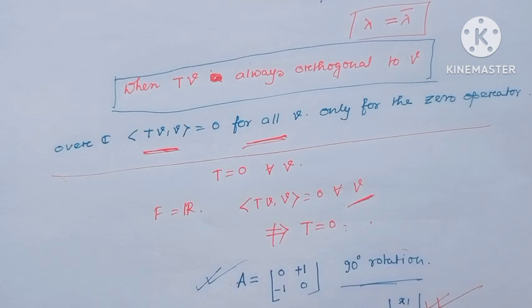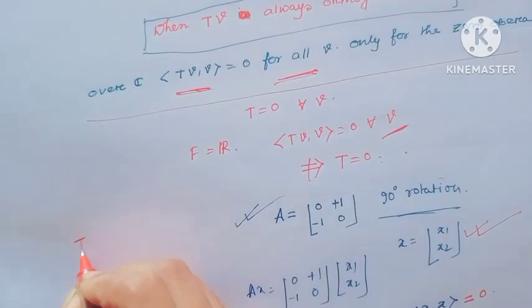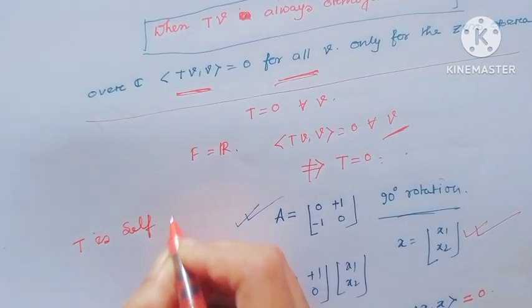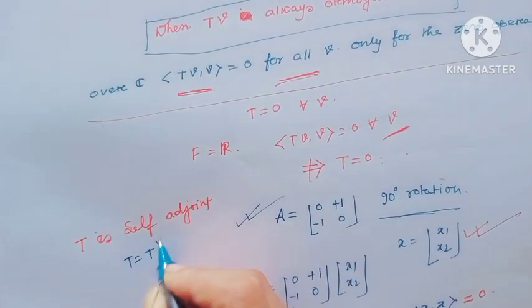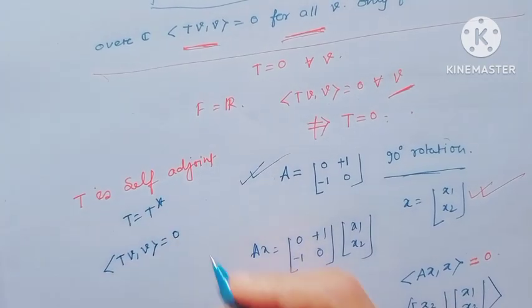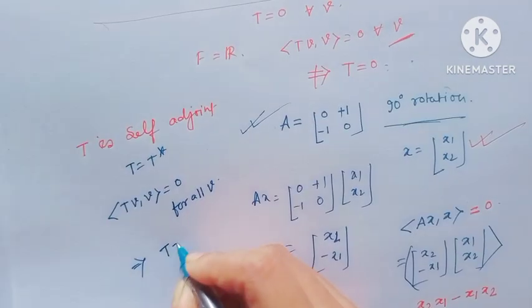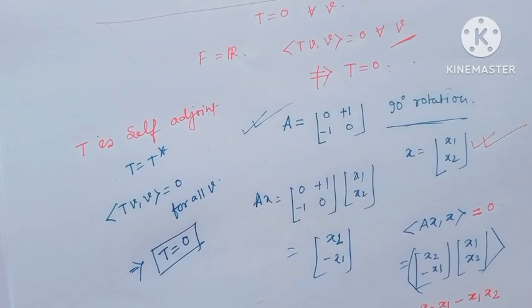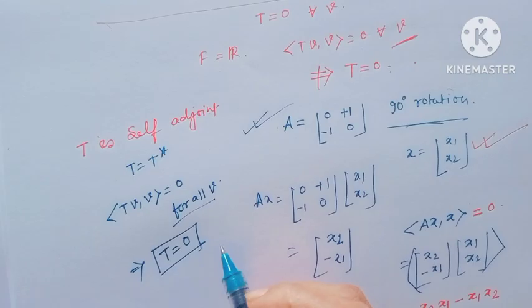But when the operator is a self-adjoint operator, that means obviously T equals T star, then if the inner product of Tv with v equals 0 for all v, that always implies the operator T is the 0 operator. That means for a self-adjoint operator, the inner product of Tv with v equal to 0 for all v implies T equals the 0 operator.